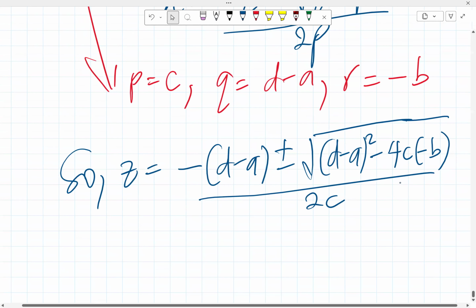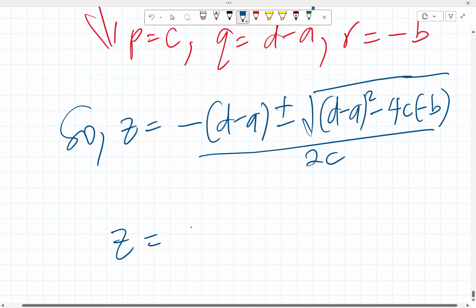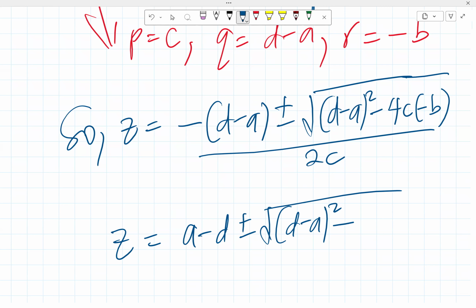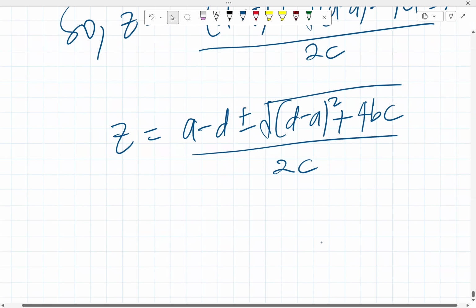Now, Z is equal to this, where the minus can change things over. So we have A minus D plus or minus the square root of D minus A squared, minus and plus, that's 4BC, all over 2C, like that.